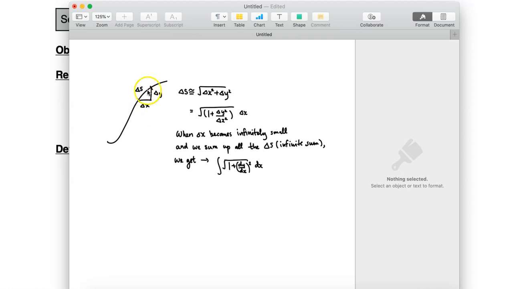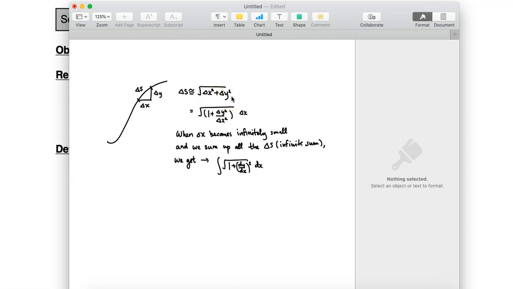So how long is delta S? You can find it approximately using the Pythagorean theorem. It's the square root of delta x squared plus delta y squared. From this point, you can rewrite the second term, delta y squared, by multiplying it by delta x squared over delta x squared. That allows you to factorize delta x squared inside the parentheses.